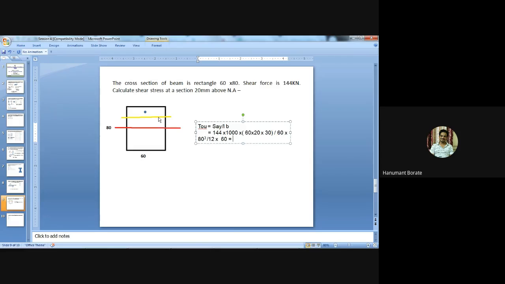Okay, just do the calculations. I will keep proper brackets here.